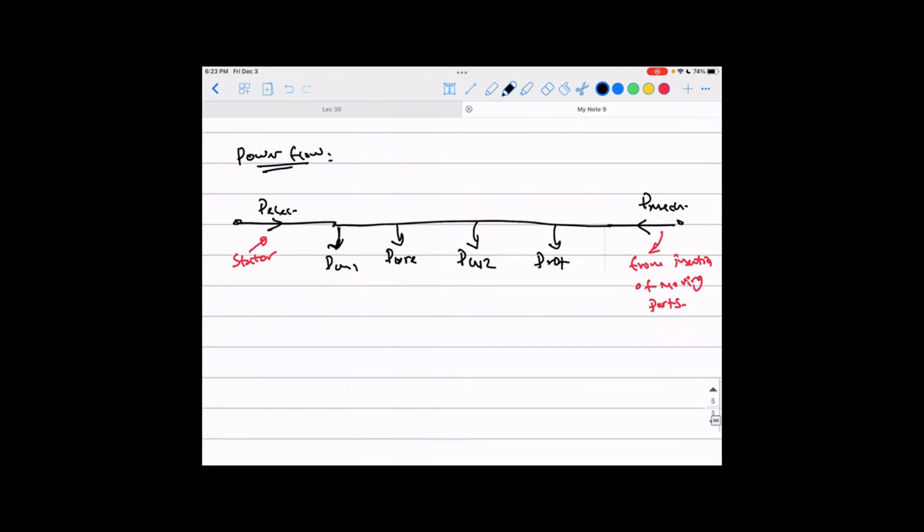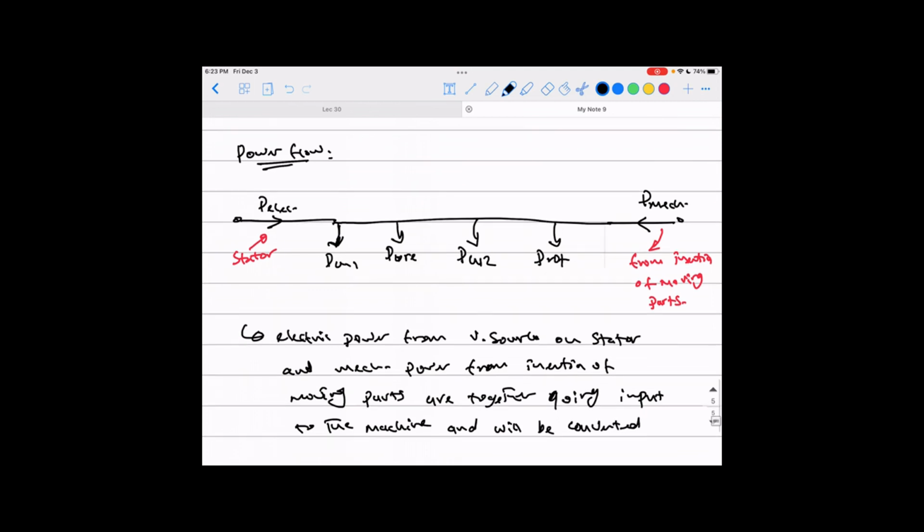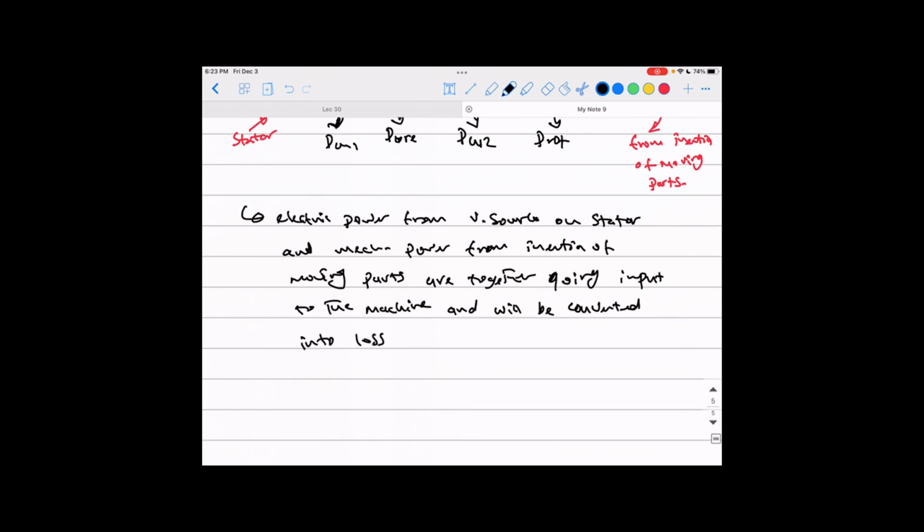Okay? So here you have electric power from the voltage source on stator and mechanical power from inertia of moving parts together going as input to the machine, and will be converted into losses.